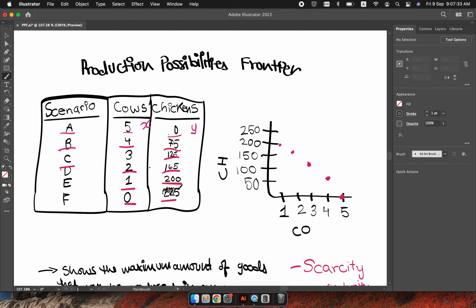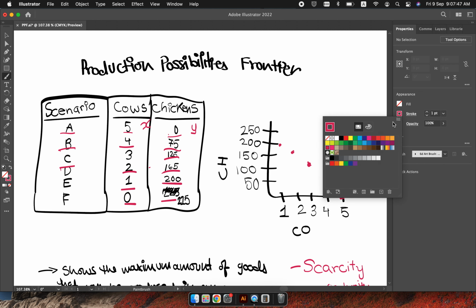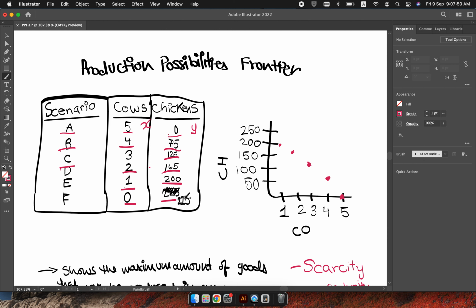So the farmer sells his last cow, and now we have 0 cows and 215 chickens. So that'll be here. And now that we've plotted each point, let us label them. So this is point A, this is point B, C, D, E, and F.